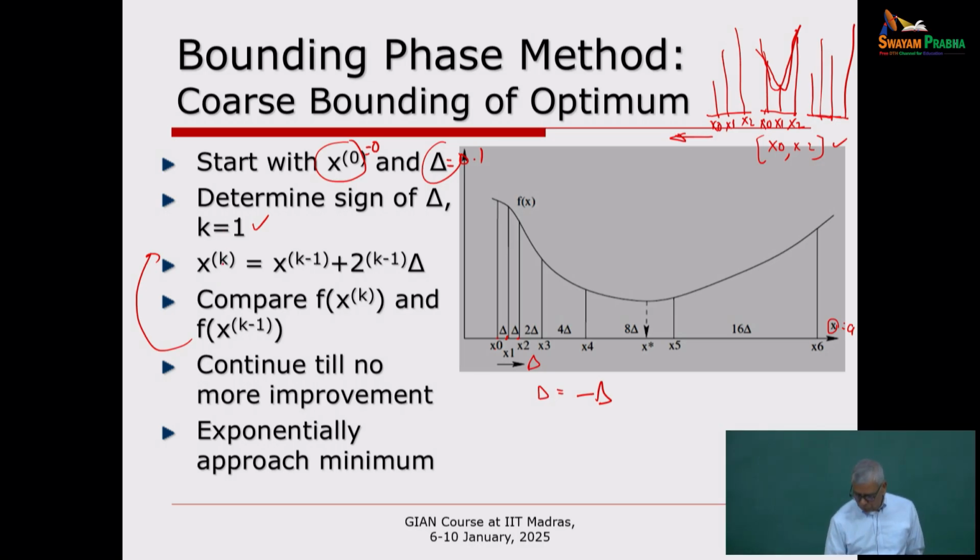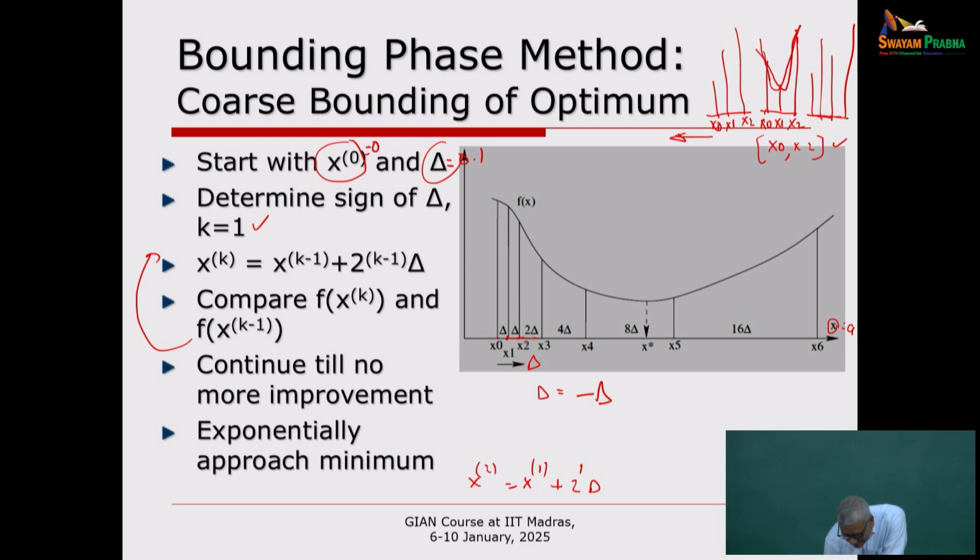And then moving there means you are going to increase your k to 2. When k equal to 2, I am just writing this for k equal to 2, you get x2 equal to x1 plus 2 to the 1 times delta. So from x1 I am going to go 2 delta. So here there is a little mistake, I am going from x2 but it should have been from x1.